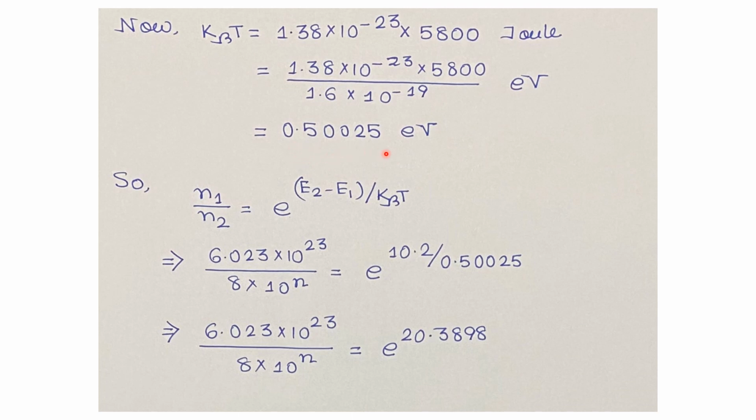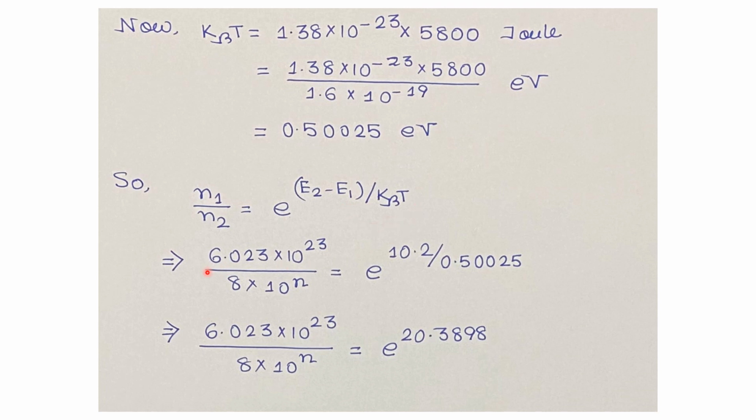0.50025 electron volt. Now we will use the equation coming from the Maxwell-Boltzmann distribution, that is n1 by n2 equals e to the power E2 minus E1 divided by kBT. So we will put the values of n1, n2, E2 minus E1 and the kBT value.